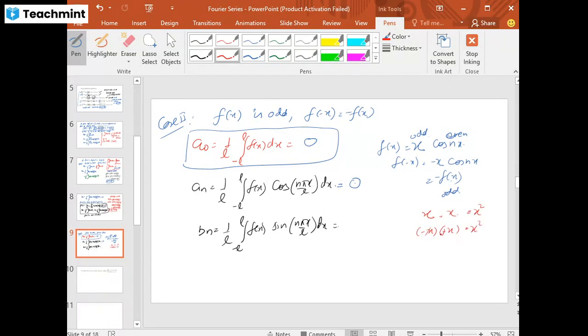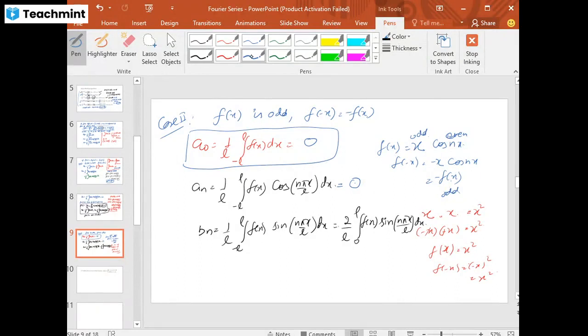So the product of two odd functions is an even function, right? If I consider f of x as x square, then f of minus x is x square. Okay, so the product of two odd functions is an even function. So its answer is 2 upon L, integral from 0 to L f of x into sine of n pi x upon L dx.